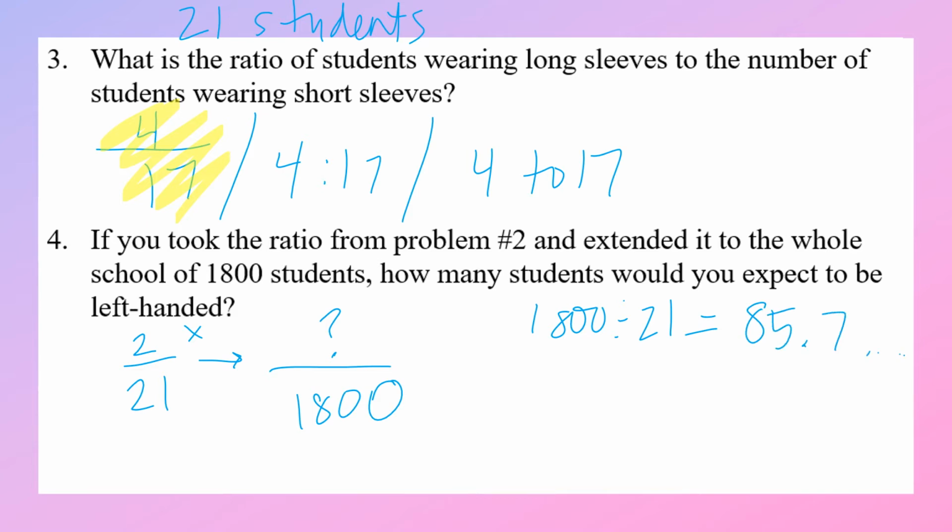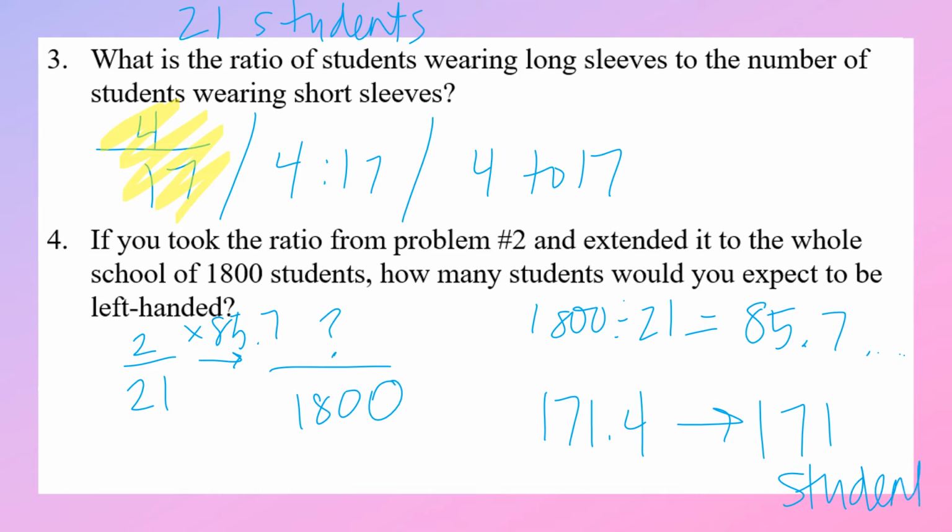Okay, so I would want to multiply 2 by 85.7, which gives me approximately 171.4, which would mean 171 students would possibly be left-handed in a school of 1,800 students.